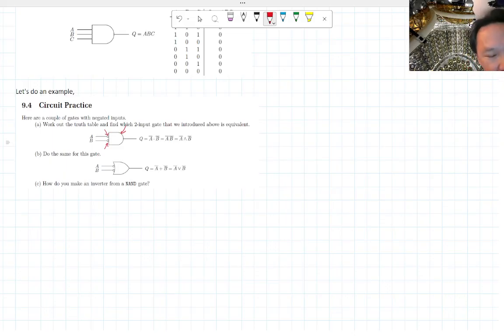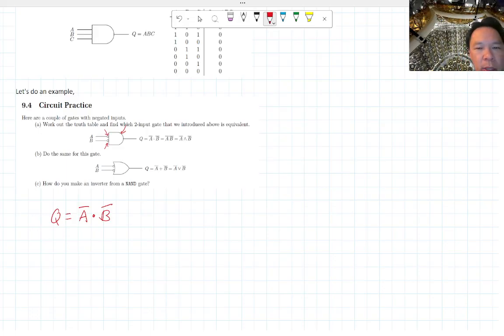Just to trick things up. So what this is actually doing is, whatever A is, it takes the opposite of it, and whatever B is, it takes the opposite of it. And since this is an AND gate, you're multiplying these together, and that's represented by a dot.